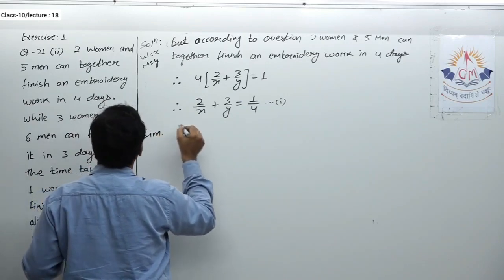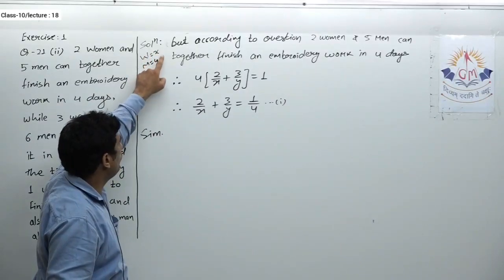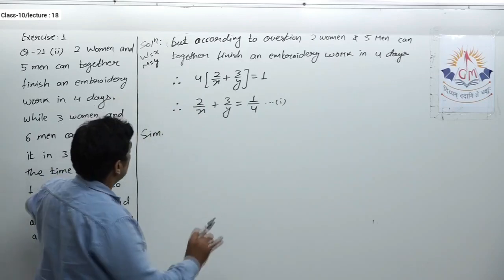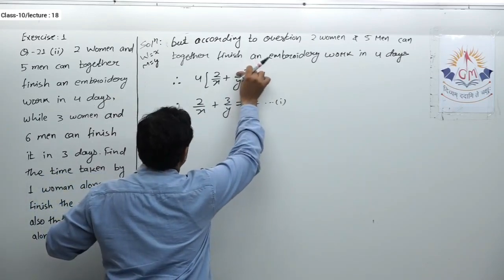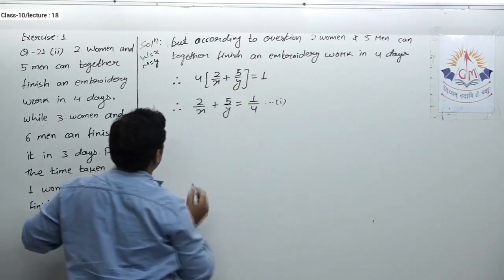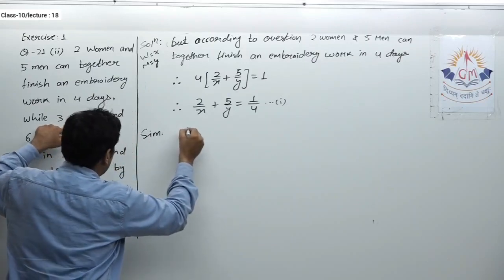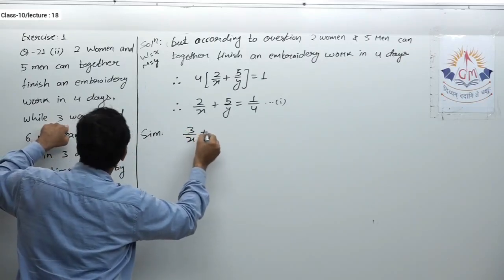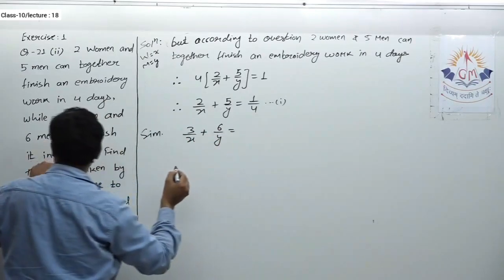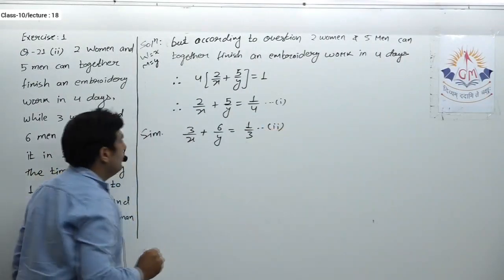Similarly, I can write, see here I wrote 2 upon X. That means there were 2 women, so 2 upon X. There were 5 men, it will be 5, not 3. Okay, it will be 5. 5 upon Y is equal to 1 upon 4. Similarly, here I can write 3 upon X, because 3 women are there, and 6 upon Y is equal to 1 upon 3. This is equation number 2.